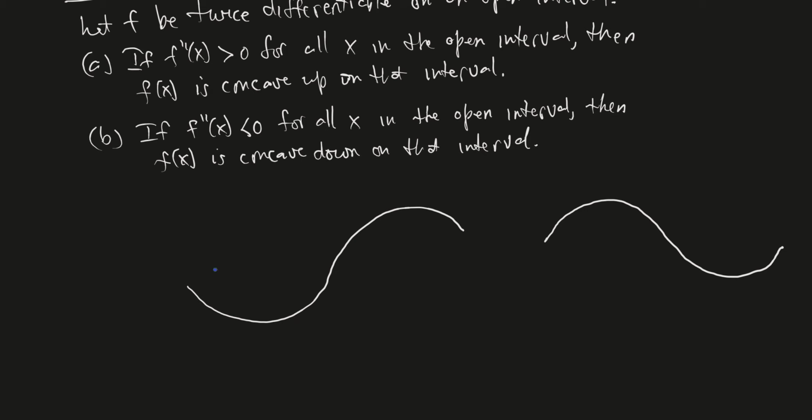Now, it's not like increasing or decreasing, because here it is decreasing and then it's increasing. But along that whole interval, this whole portion of the graph is concave up. Similarly over here, this portion of the graph is concave up.